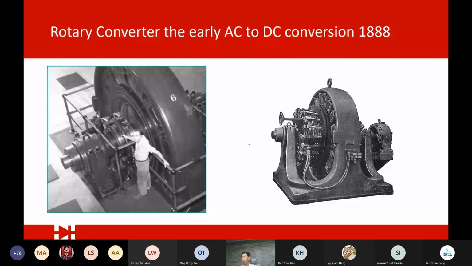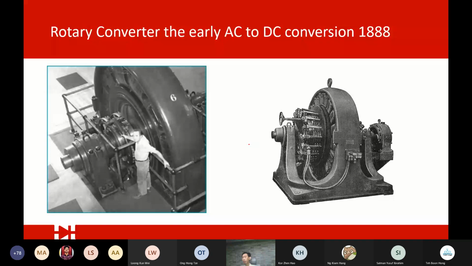Of course, after Nikola Tesla proposed the three-phase system, AC power could be transmitted much more efficiently compared to DC. But when you come to the end point, the distribution customer point, you still need to convert back to DC. Of course, not at every house, but at their substations.